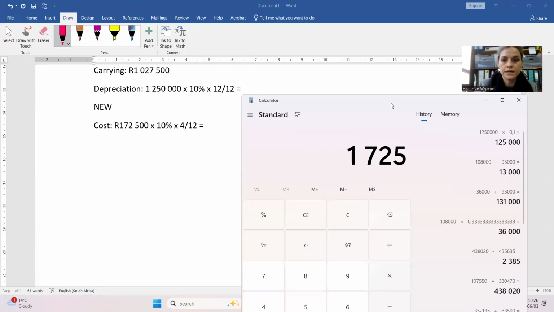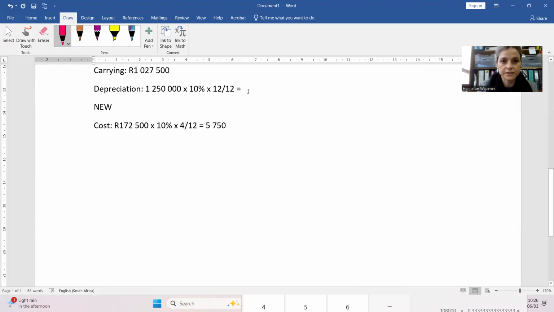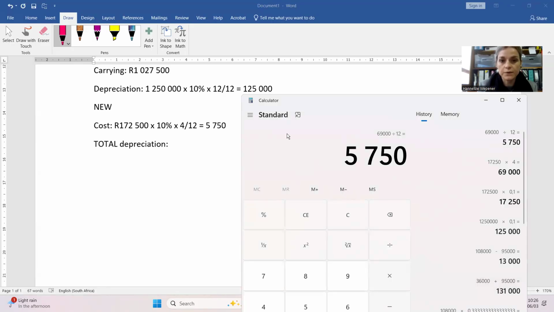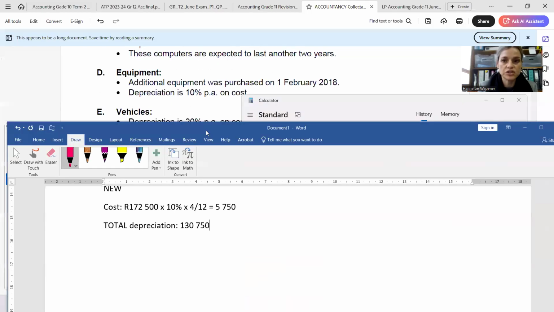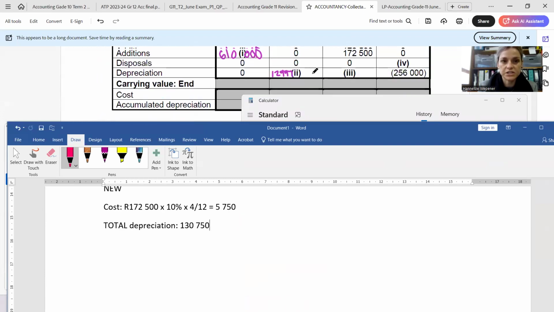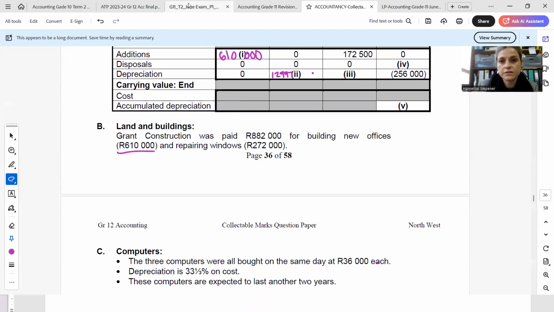And then the other one, also at 10%, but only for 4 out of the 12 months, so 5,750. So therefore, the total depreciation movement for your equipment is the 5,750 plus the 125,000. So 130,750. There we go. So that is what you have to show in your note now. That is your depreciation for the year. So 130,750.